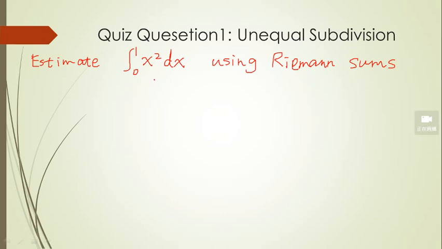That is the first example we discussed before: the area under the parabola x squared from 0 to 1, using the Riemann sum.